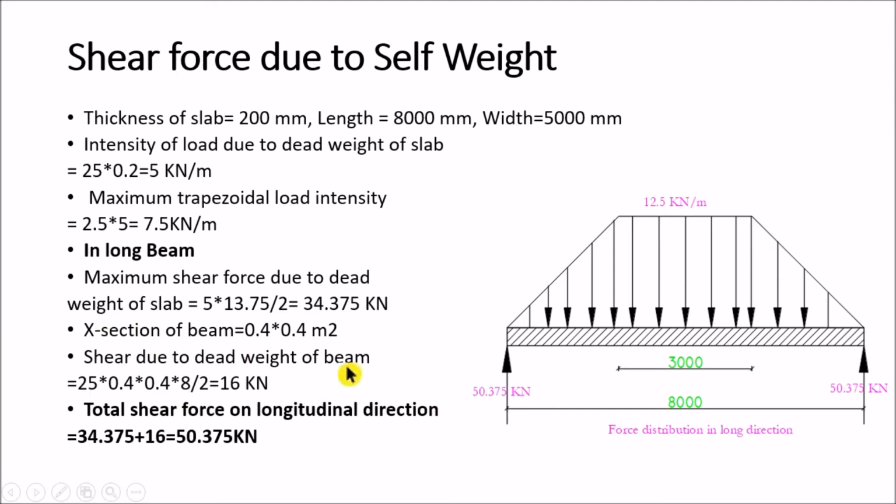We are calculating it in the long direction, right? So it gives 16 kilonewton due to self weight of the beam. The total shear force in the longitudinal direction will be 34.375 plus 16, that equals 50.375. That is 50.375 due to the combined effect of dead load of the slab and dead load of the beam.